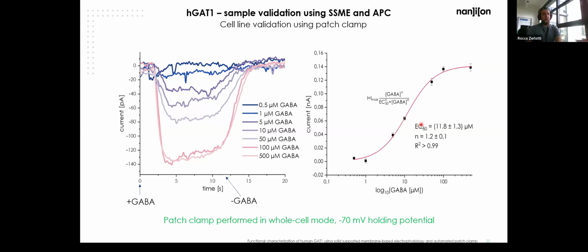It's the concentration needed to reach half the maximal current, which is basically half the maximal speed of the transporter. The value that we obtained is in very good agreement with the literature results, so we're confident that our cells were working nicely.